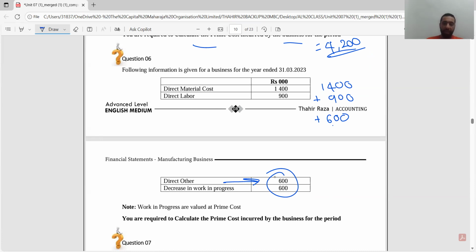And then there is a decrease in WIP. You will add, right? So the answer is how much? 3,500. Am I correct? Is everything okay?